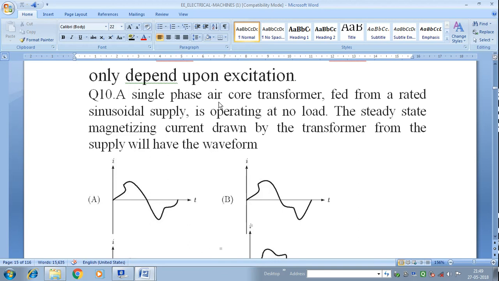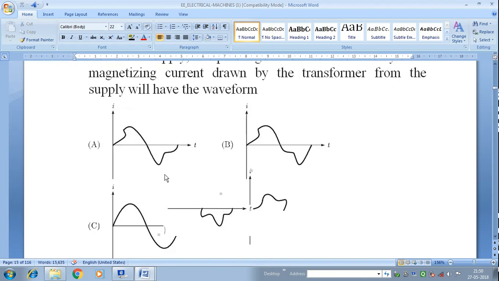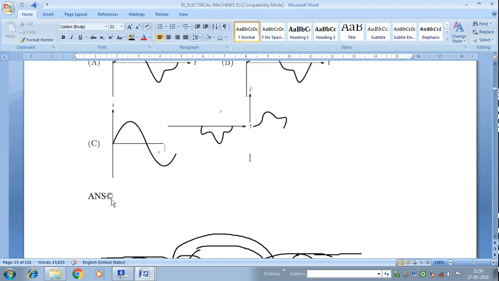As the reluctance is very high, it tends to prevent the saturation of the flux. Therefore, all the magnetic lines do not touch each other. They are uniformly distributed. Therefore, the flux, that is magnetizing current wave, is a perfect sinusoidal wave. Therefore, answer C is the correct answer.